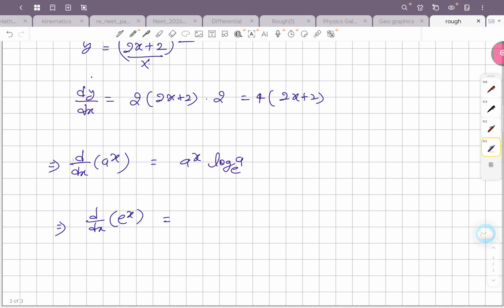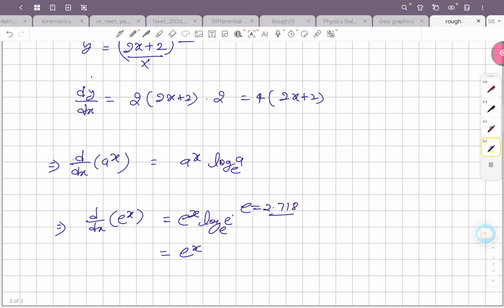What is it? e is equal to 2.718, a constant, so you can write e to the power x log e, with base e. Here the power and base are both the same, so log e is 1.